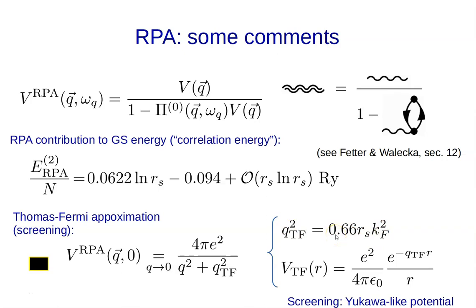But anyway, that was the message here, and this is the idea for RPA and how you regularize these divergences in the electron gas by resumming the Feynman diagrams.